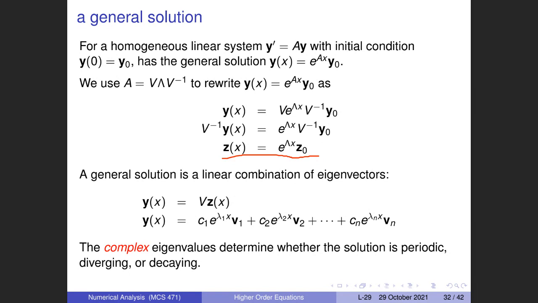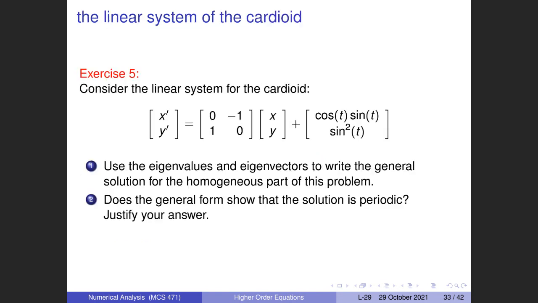The real part is going to determine whether we are growing or decaying. And zero is the critical value to look at here. So positive or negative real parts. If the real part is zero, then the non-zero imaginary part will give the periodic nature of the solution.